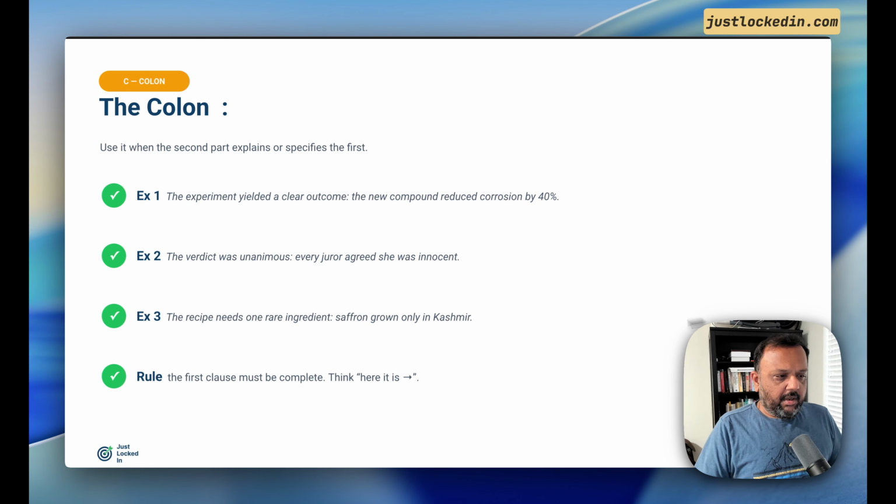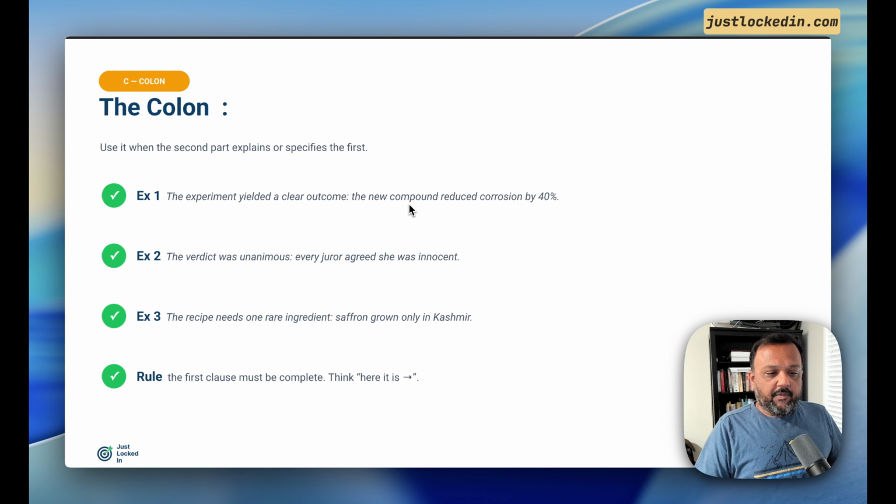Okay, take an example. The experiment yielded a clear outcome. Okay, so that's a statement you made. And then the new compound reduced corrosion by 40%. Substantiates it, right? So it explains what the outcome was and why it was a clear outcome.